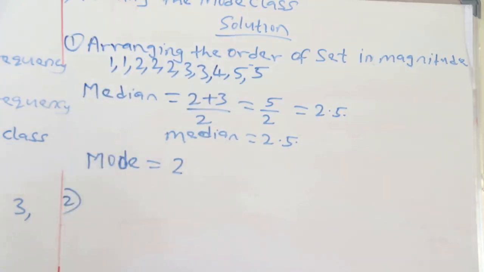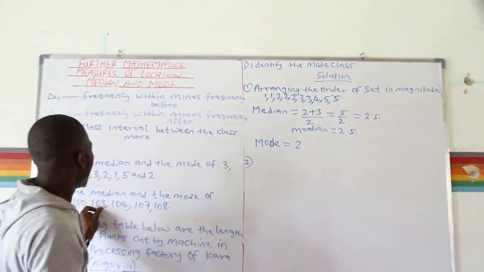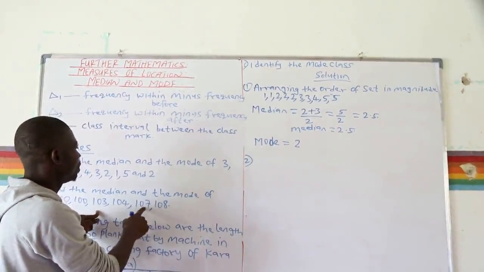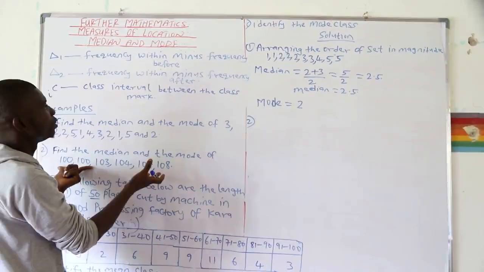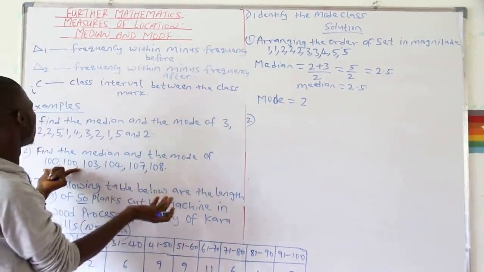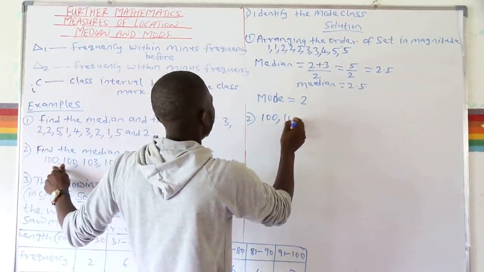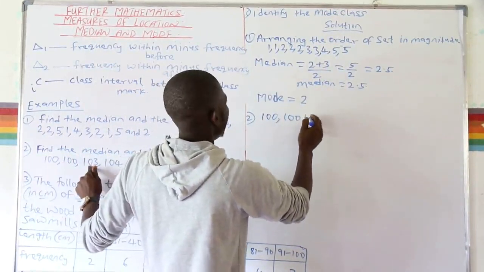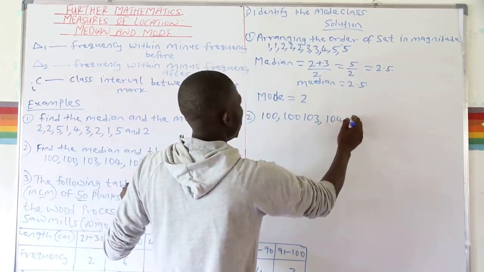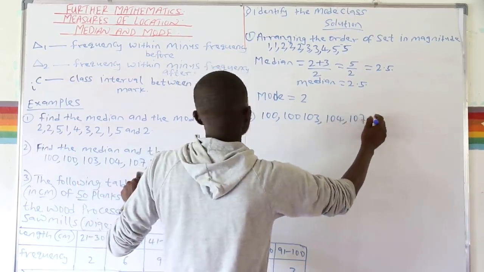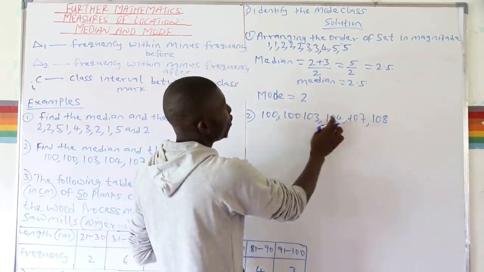Example 2. We are given: find the median and the mode of 100, 100, 103, 104, 107, and 108. This question has been in order itself, so just write it down. 100, 100, 103, 104, 107, and 108. Now, 1, 2, 3, 4, 5, 6.